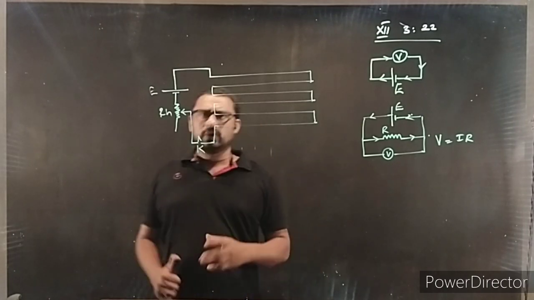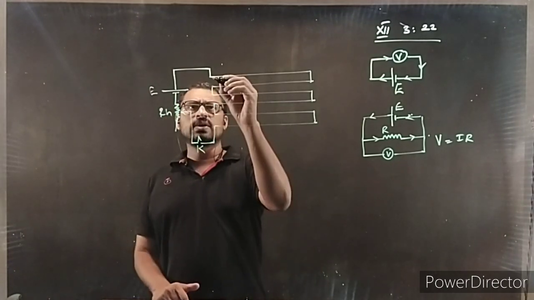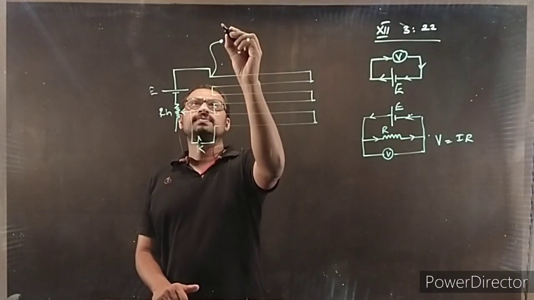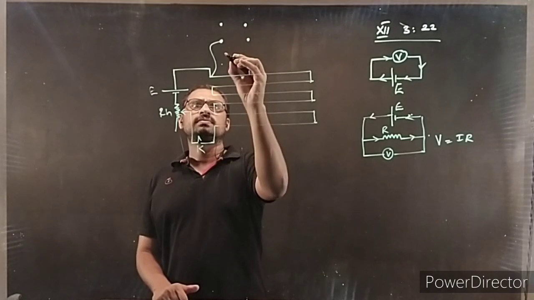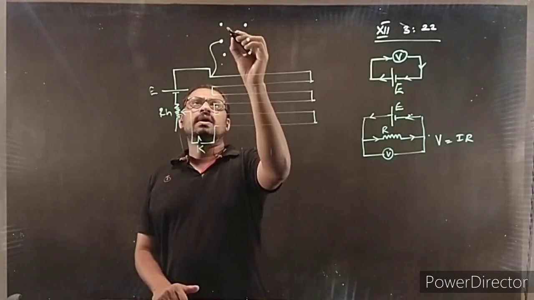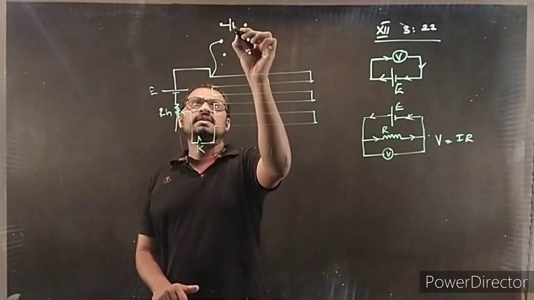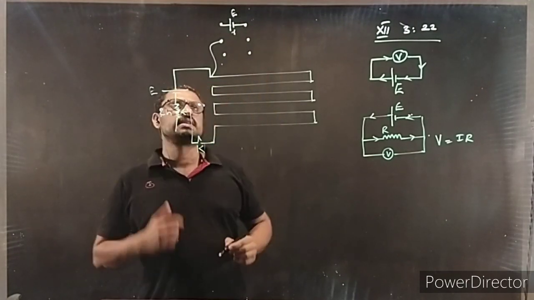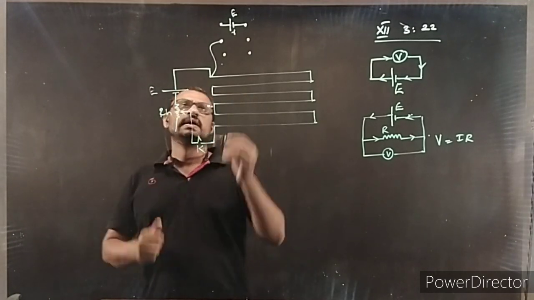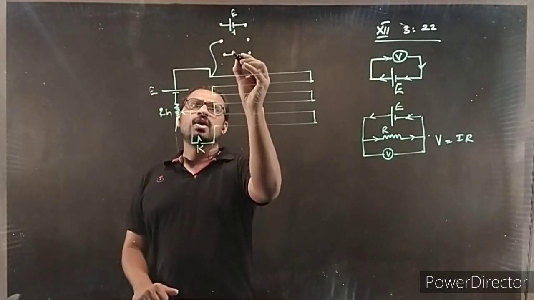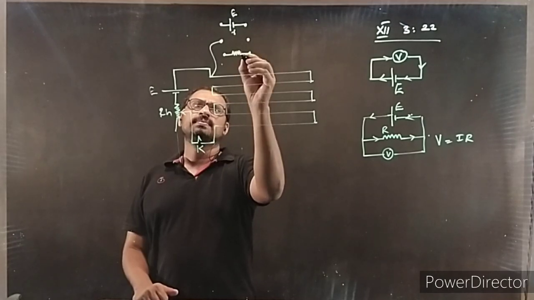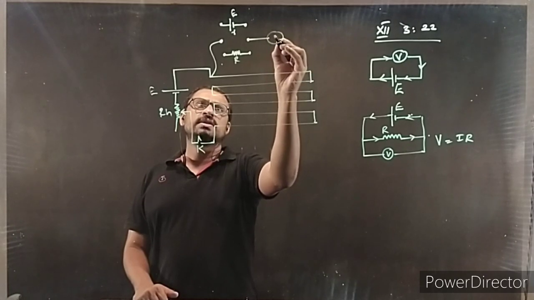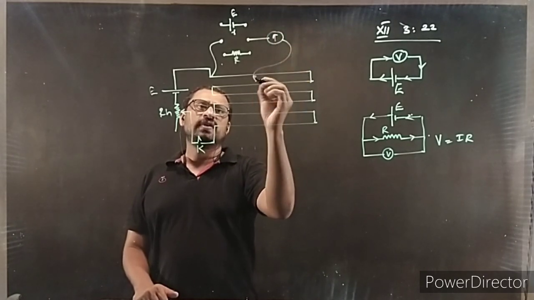Now you need the secondary circuit. In the secondary circuit, again I've got a 6-way key. Here a cell whose EMF is E and internal resistance r, which is to be measured. Here a resistor R, and now the galvanometer, and finally the jockey.